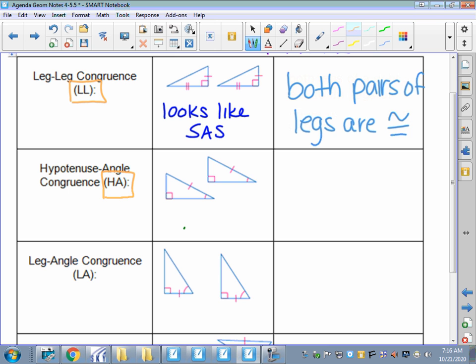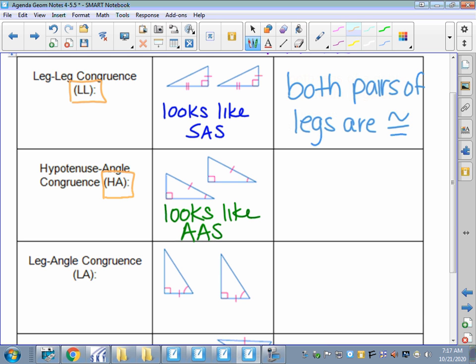So that looks like angle, angle, side. If I've got a right triangle, if one pair of acute angles and one pair of hypotenuses are congruent, then the triangles are congruent without having to name everything else.